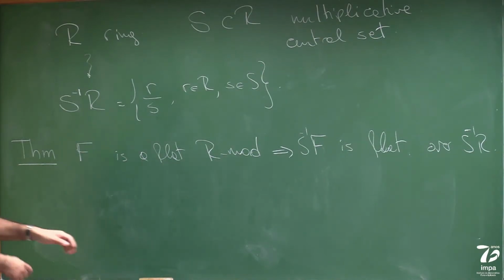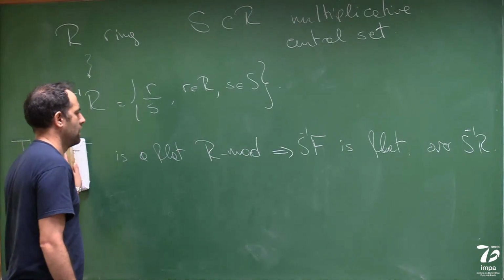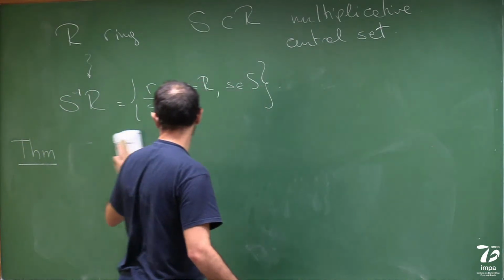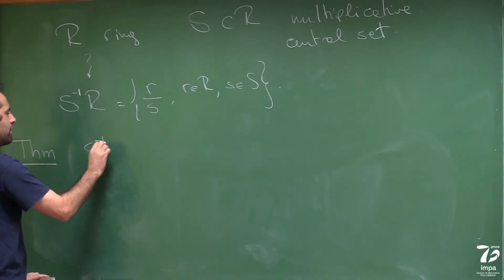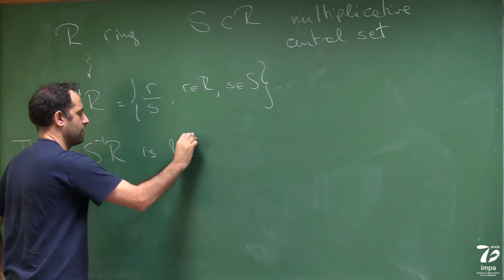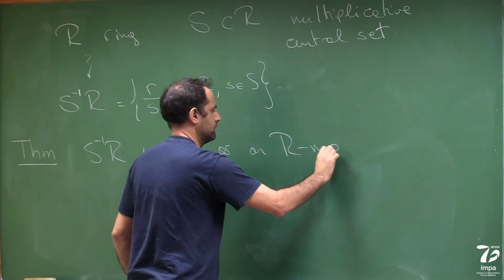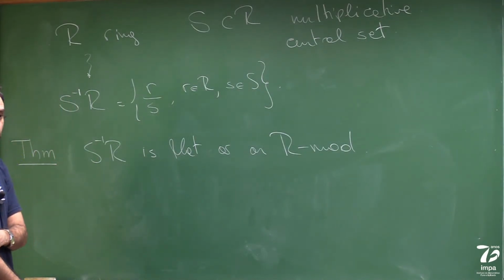Let me just prove something different that is much easier. Instead of worrying about this, let's prove something much simpler: S inverse R is flat as an R module. I'm not going to worry about having an extra module.